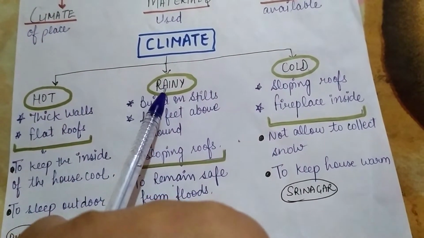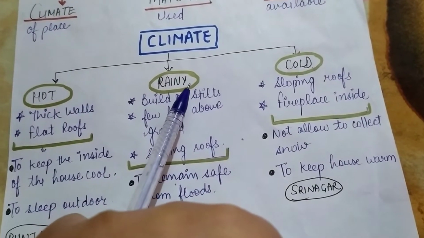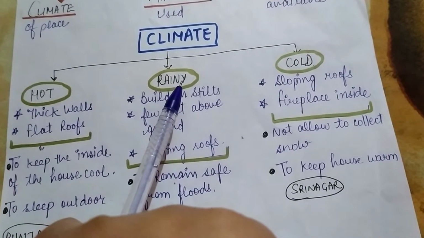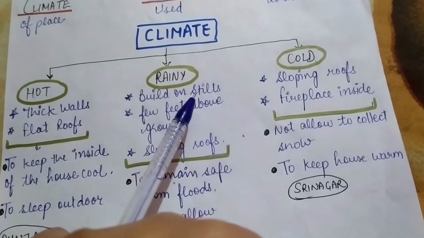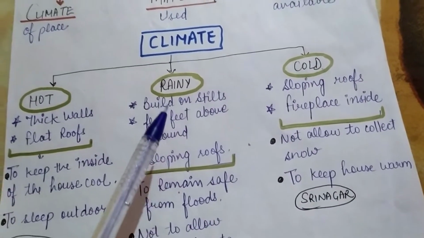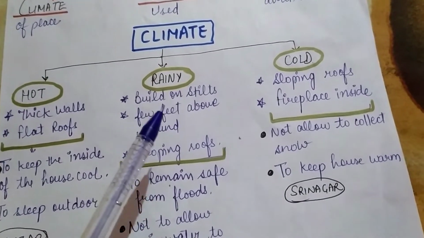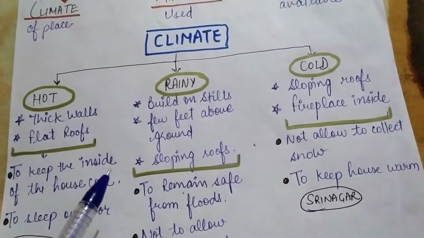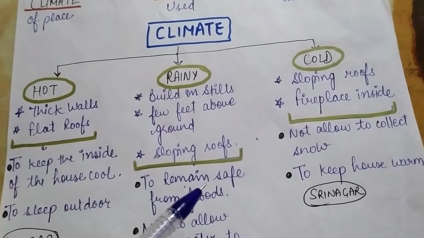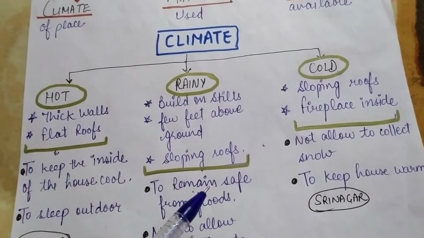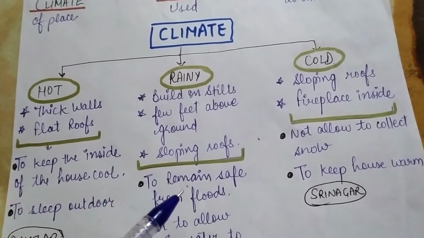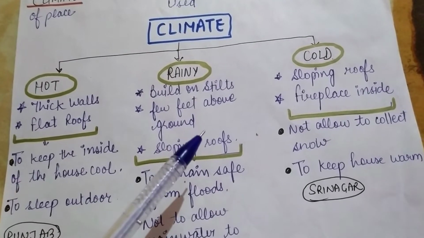Then in the rainy climatic areas, where a lot of rainfall is there, the houses are built on stilts, a few feet above the ground. Why a few feet above the ground? To remain safe from floods. Due to heavy rainfall, floods are very prone in these areas.